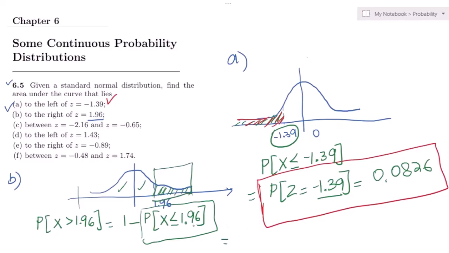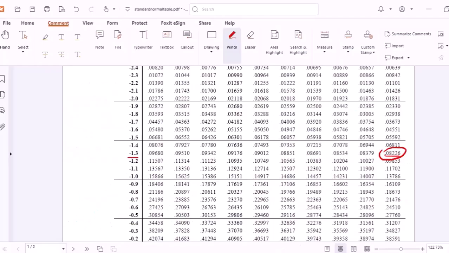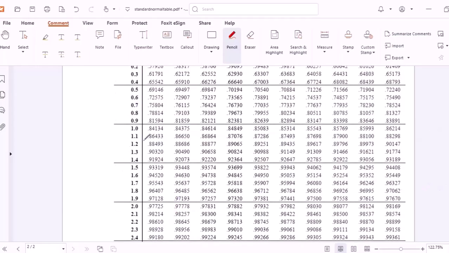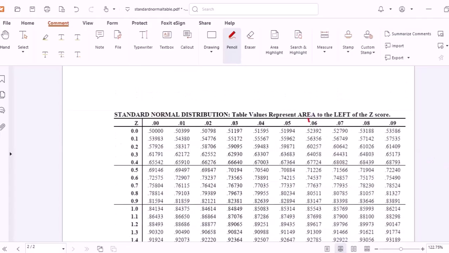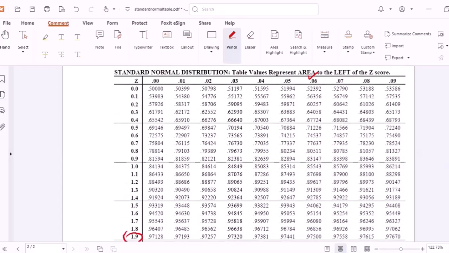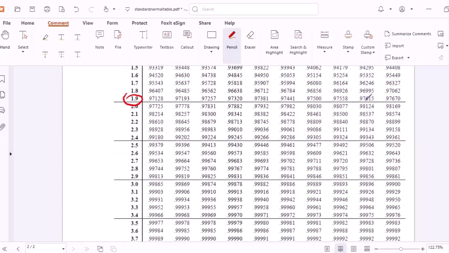Let me write these values. It would be 1 minus the probability that z is less than or equal to 1.96. Let me find this value by consulting the z distribution table here as well. So it is 1.9, and for the 6 this is the column here, the fourth one from the right side: 1, 2, 3, 4.